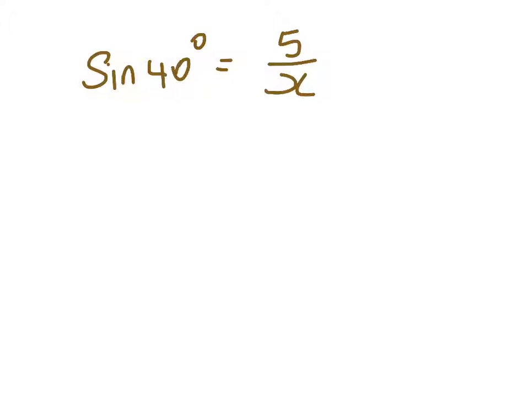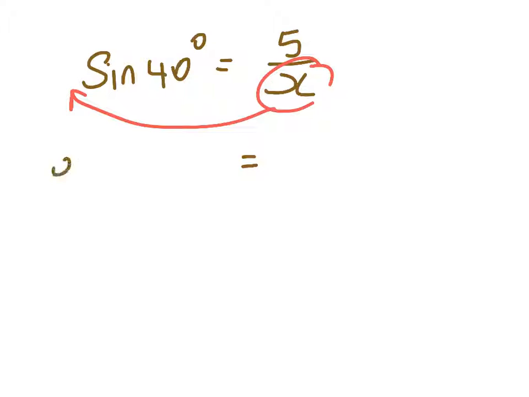Okay, so in similar fashion, it's the same for sin, or sine I should say. Sine, let's say 40 degrees equals, let's say that's 5 over x. Once again, we are going to move this over here initially.